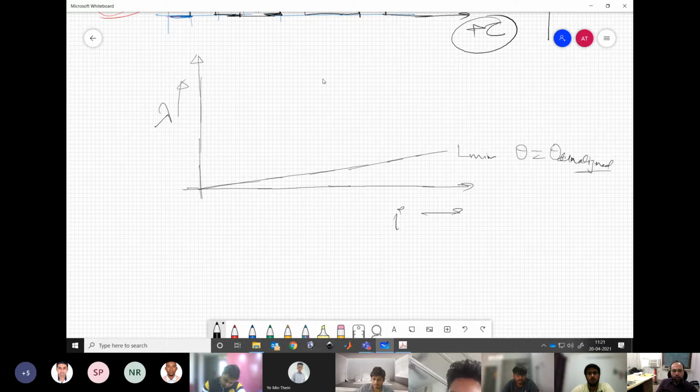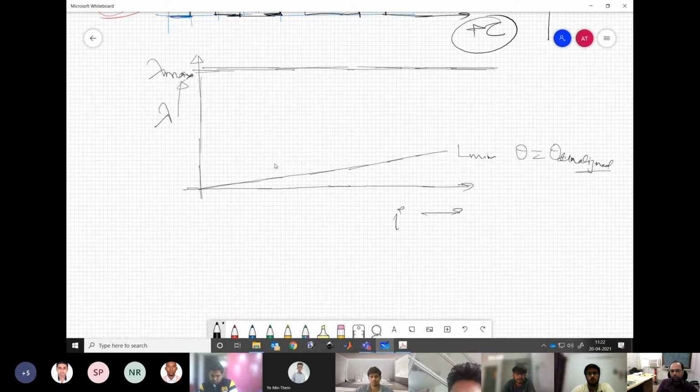And when this is fully aligned, there is a limit on lambda. We know that the saturation limit is there. Beyond that, we cannot have our flux linkage. So let's say we go to the extreme, something like this. Here our theta is perfectly aligned.